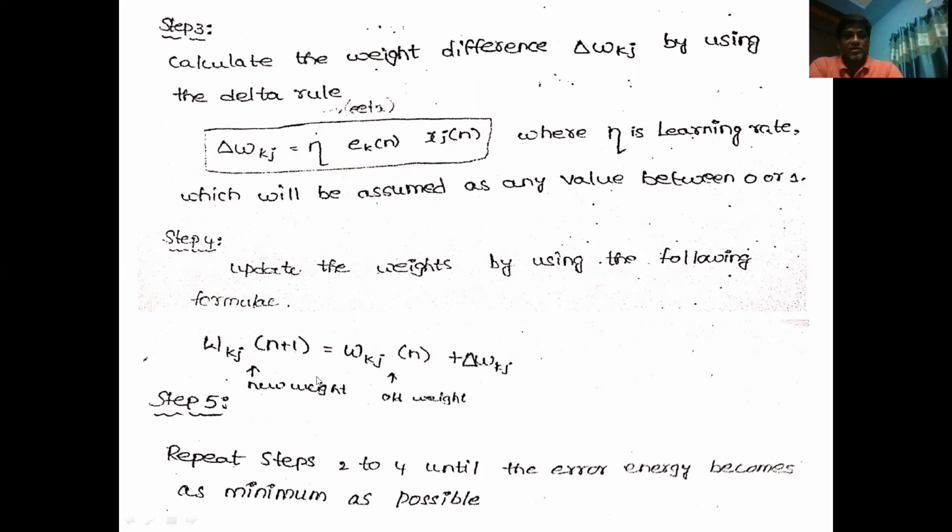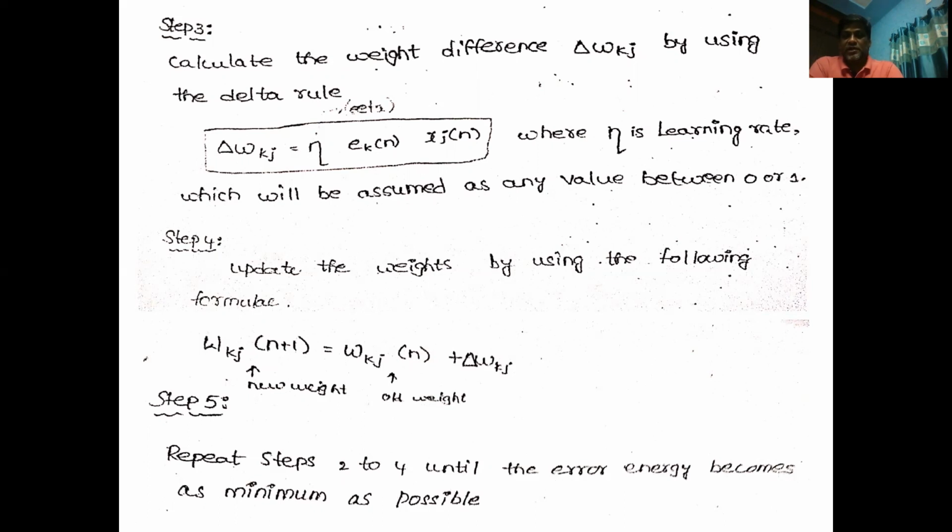Once we update the weights, we will repeat steps 2 to 4 until the error signal or error energy becomes as minimum as possible. You can identify this minimum by looking at the error energy or weights in such a way that there is no difference between the weights calculated in the previous epoch.